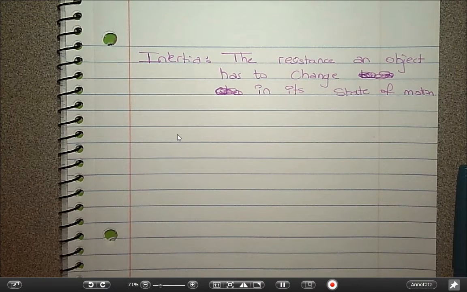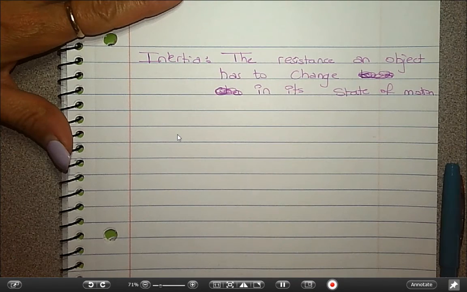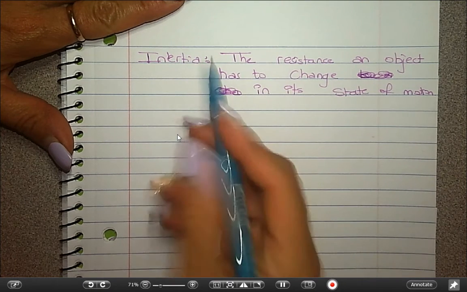All right, so which means Newton's law of motion. Let me just write down what I just said.